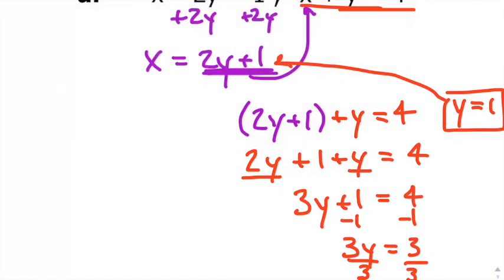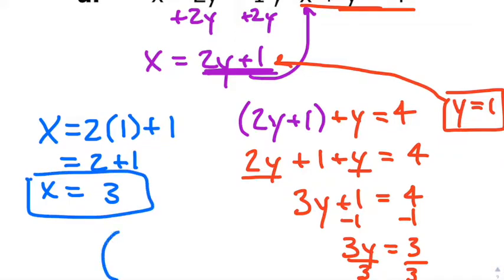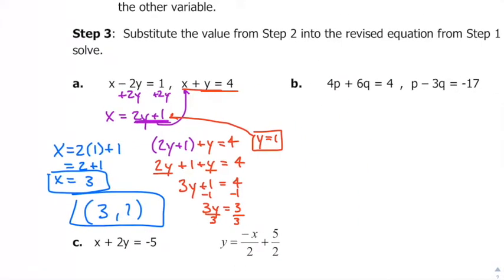So if I plug that in, x equals 2 times 1, plus 1. Once you simplify, x is equal to 3. To write your answer, you can write it as 3 comma 1. That is it.